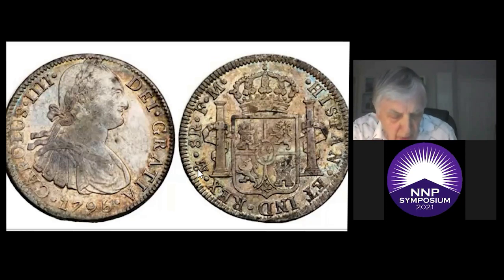The Spanish generally abbreviate their words by using the first and last letters, so M and O for Mexico. The letters FM are the first names of the assayers, those responsible for the quality of the silver in the coin, and are believed to represent Francisco Arranz Cobos and Mariano Rodriguez.